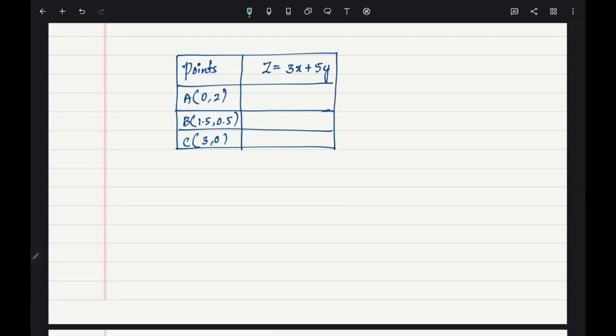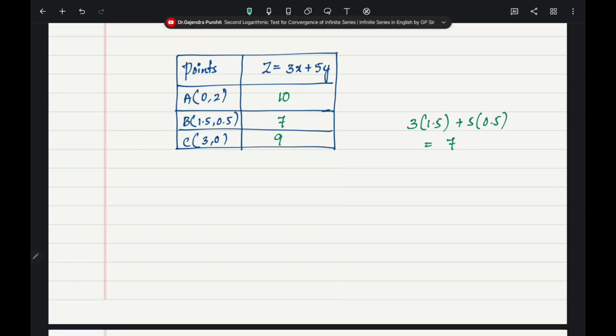If we substitute point A, that is 0, 2, we get the value 10. Now substitute point B, 1.5, 0.5: 3 into 1.5 plus 5 into 0.5, we get 7. Next, substituting point C, 3 threes are 9.